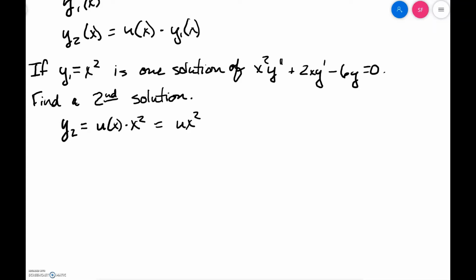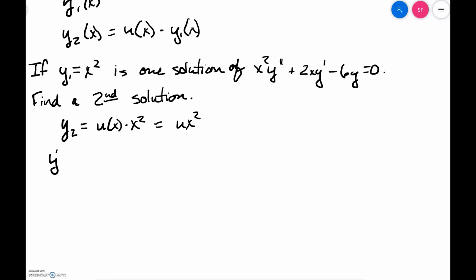So like a lot of other things, we're going to go ahead and take this and plug it into our differential equation. So of course, in order to be able to plug it into that differential equation, we need the first and second derivative. So let's go ahead and find that.